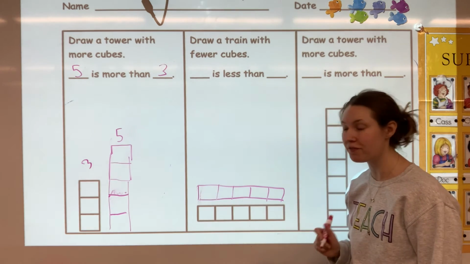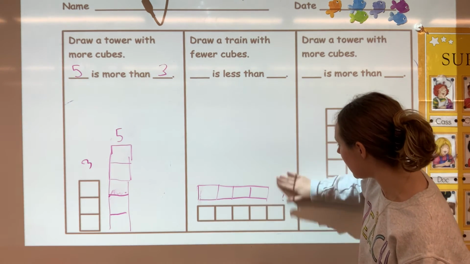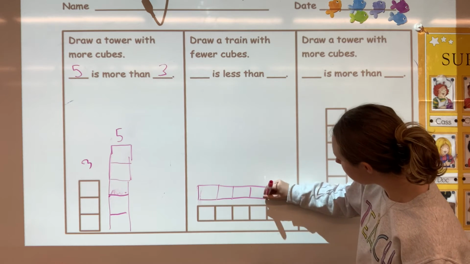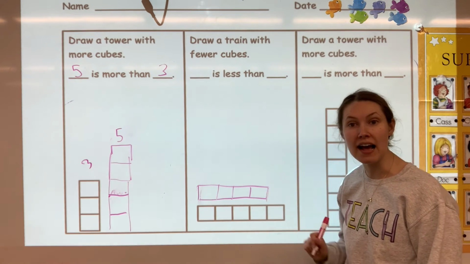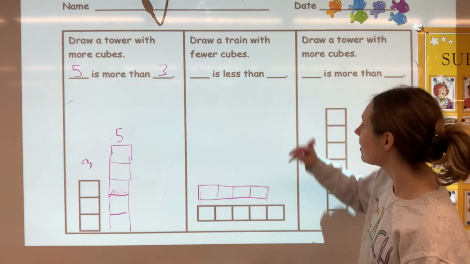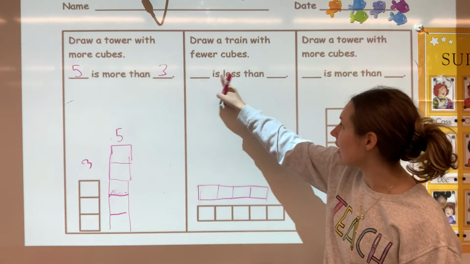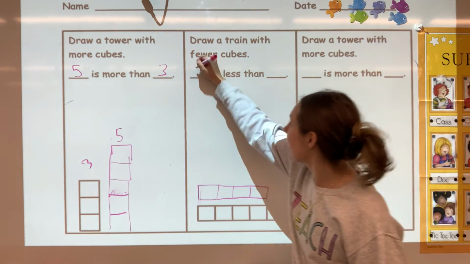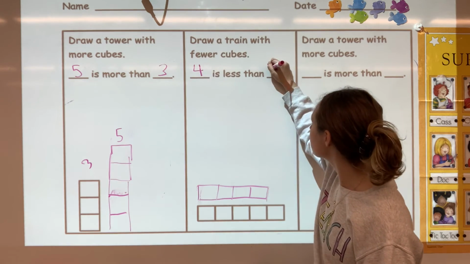But I need it to be fewer, so I'm going to take away 1. And now my train has 4. And I can say 4 is less than 5. That's how I would compare these numbers.